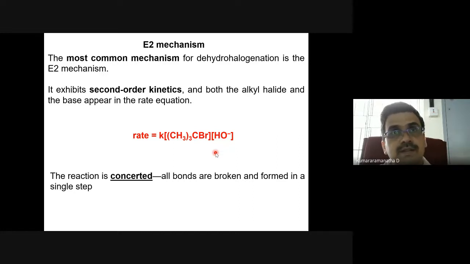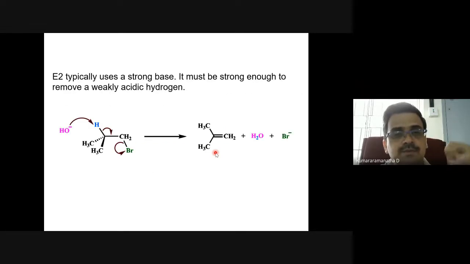In this case, similar to the SN2 mechanism, bond breaking and formation all happen in a single step. Same like SN2, it's not like formation of a carbocation followed by something else. Let's take an example. E2 reactions generally involve strong bases. Why?